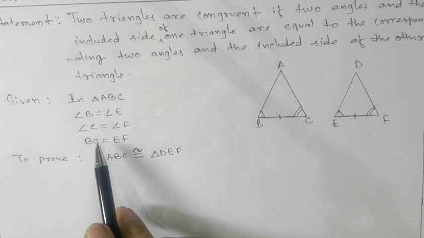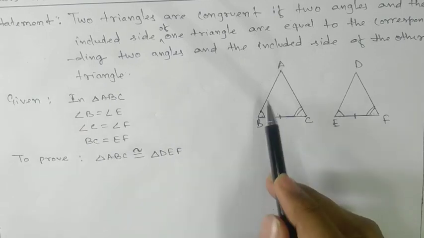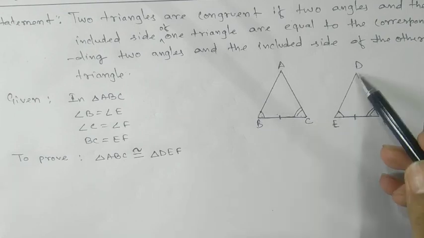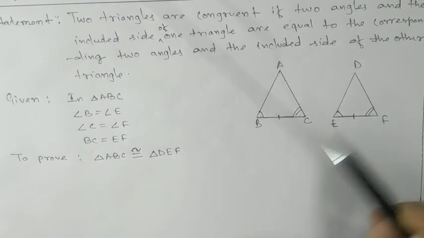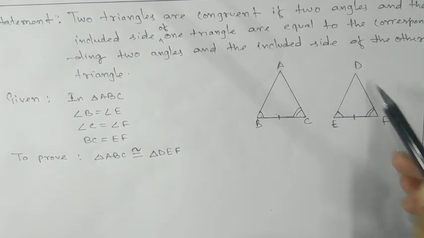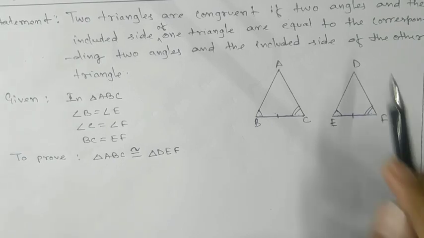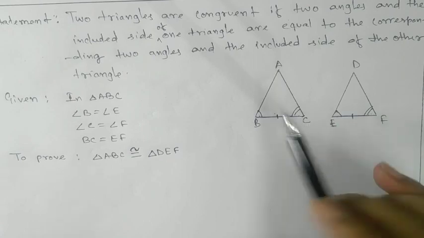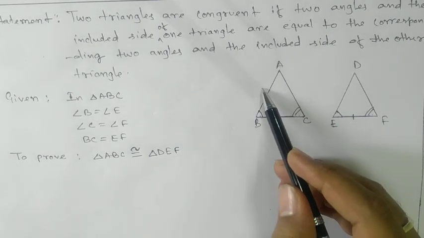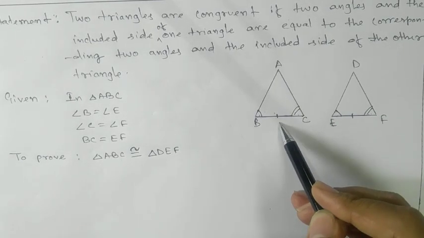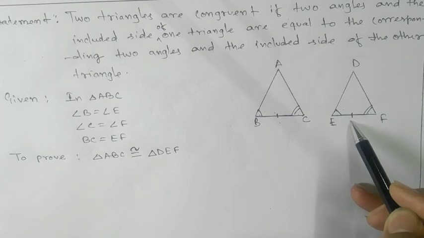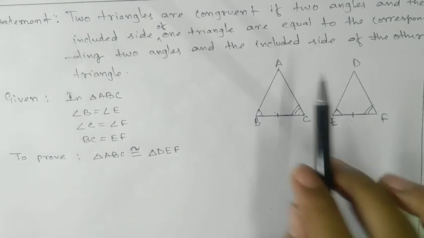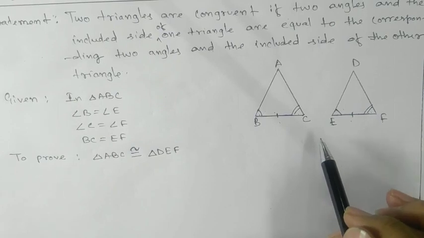Now to prove it by SAS, either you take AB equals DE and show this, or AC equals DF. If we take AB equals DE and show this, then you can say SAS, these two are congruent.